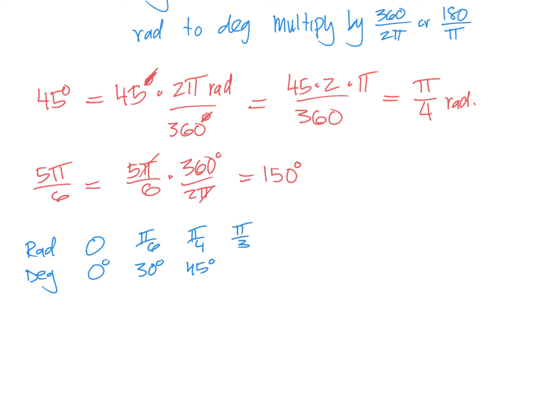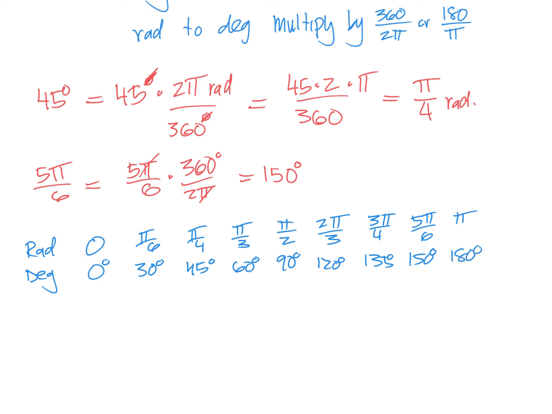Pi over 3 radians, 60 degrees. Pi over 2 is 90. 2 pi over 3 is 120 degrees. 3 pi over 4 is 135. 5 pi over 6 is 150 degrees. And then pi is 180 degrees.